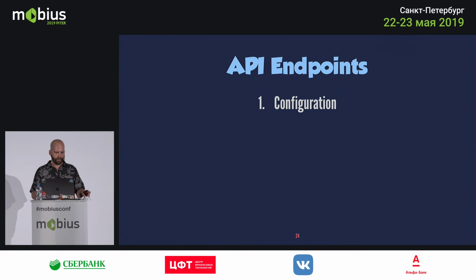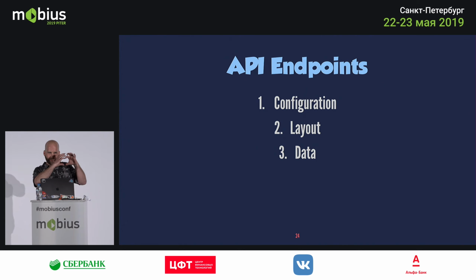Second is the layout endpoint that I mentioned. This is separated from the data, which is the third, because if you know the layout ahead of time, you can show placeholders very easily. You just make gray boxes everywhere instead of the actual content.